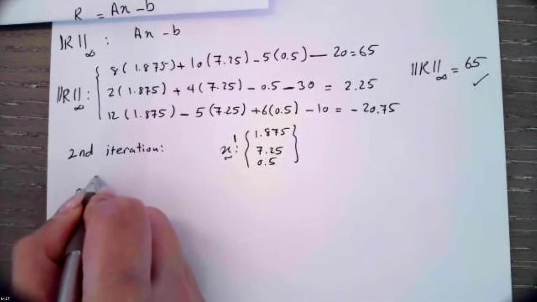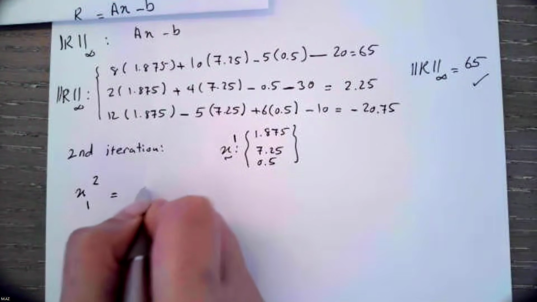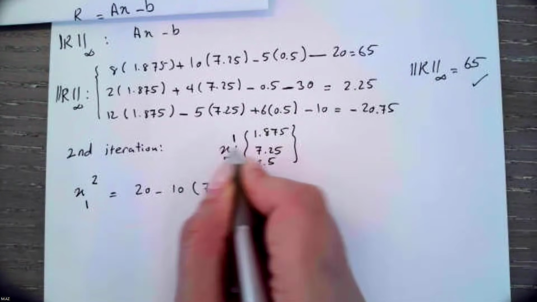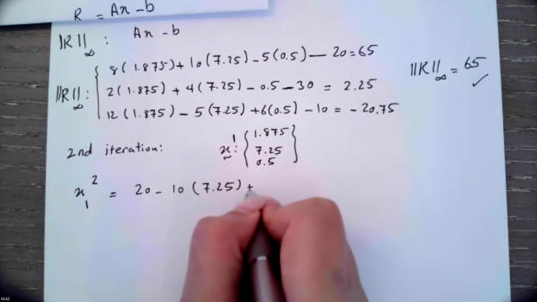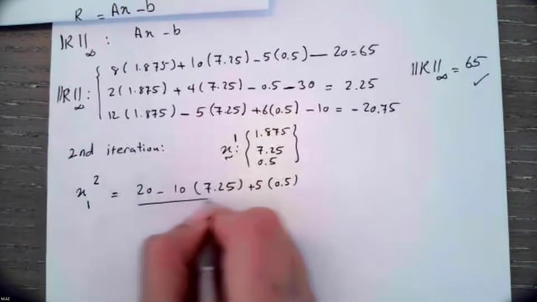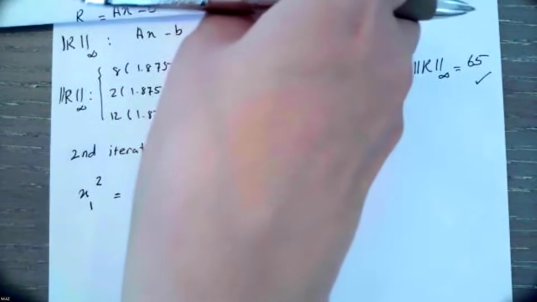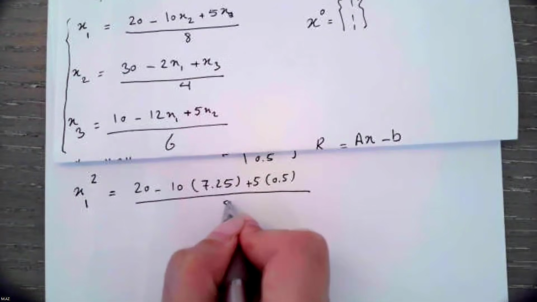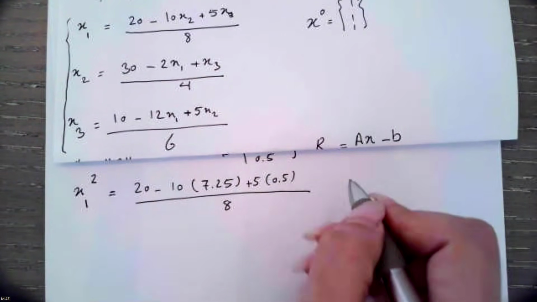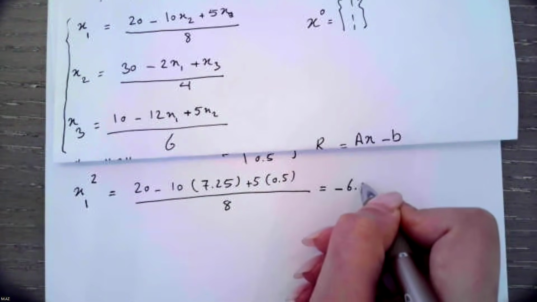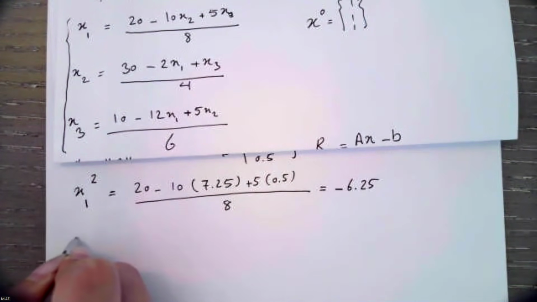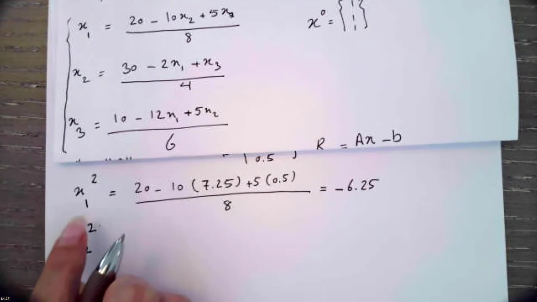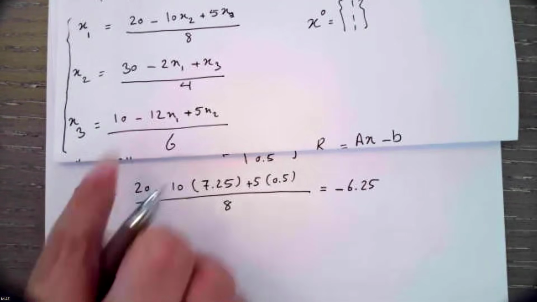The x1 for the second iteration is 20 minus the value of the x2 for the first iteration over the coefficient. The answer is negative 6.25.